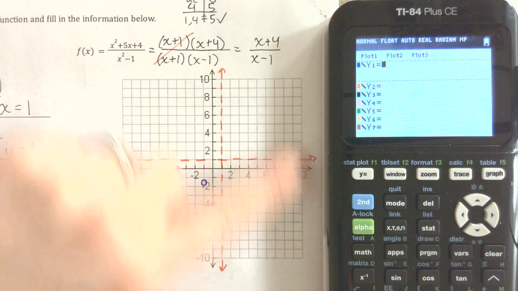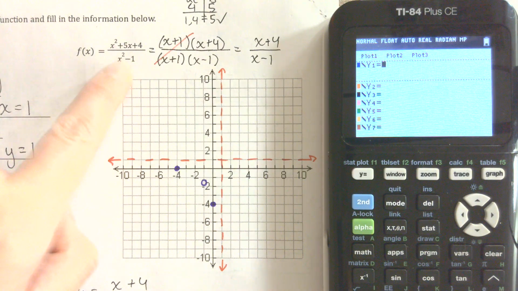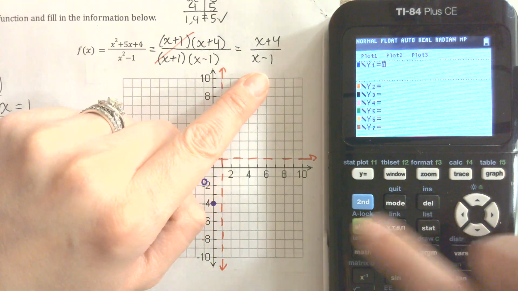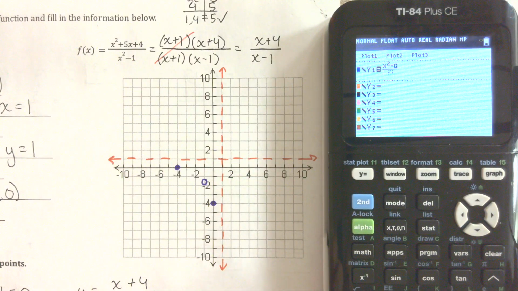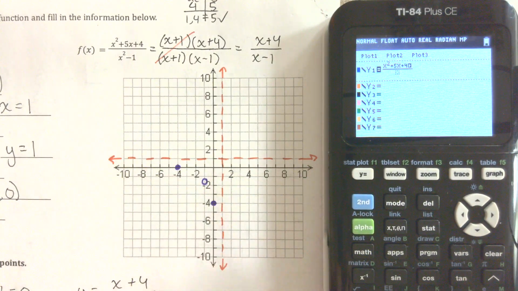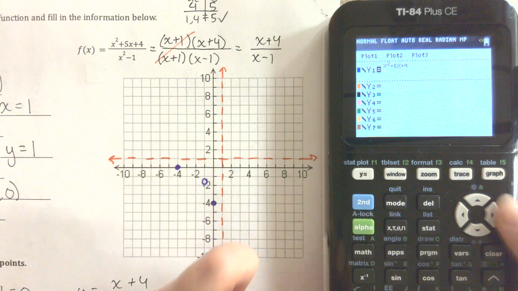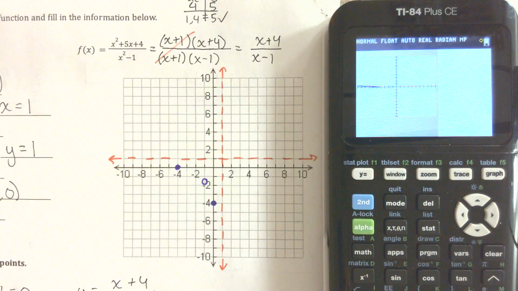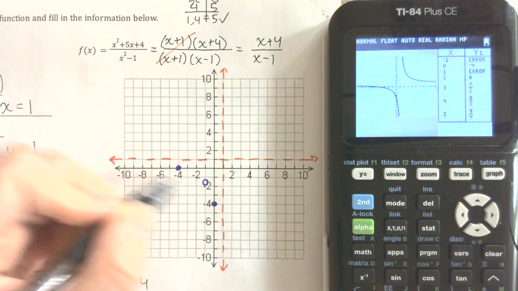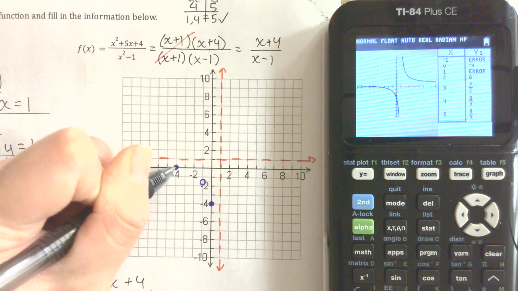So when you actually make the graph, it's of the original problem, not of the factored form. So I'm going to go ahead and sketch the curve on the left side here because you can clearly see it already.